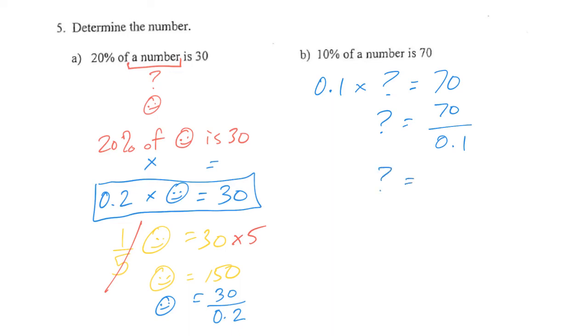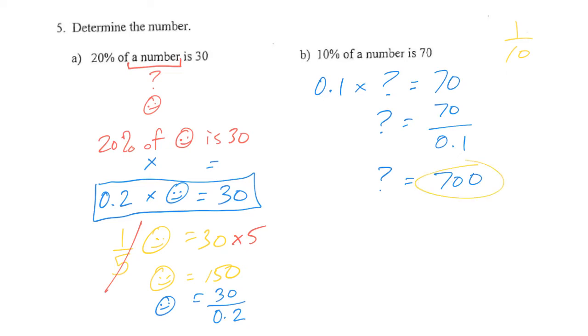What's 70 divided by 0.1? I would have expected a lot of you guys to be able to do that off the top of your head with no calculator. Because isn't 10% just 1/10? So if 1/10 of a number is 70, then the total before had to be 700.